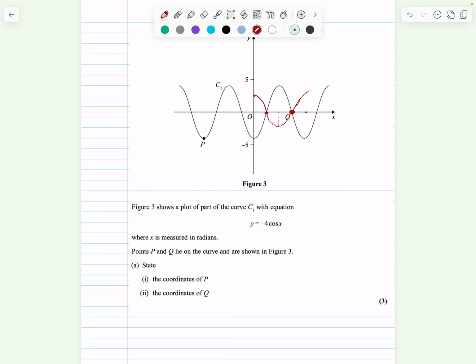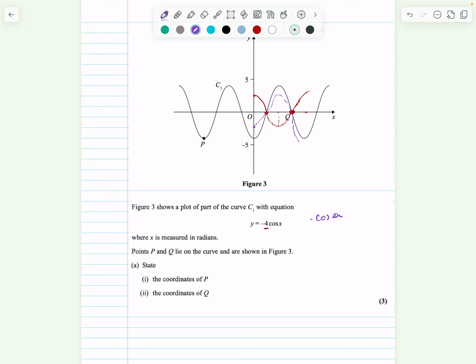So I just realized that the difference is only that this graph is the reflection of the cosine over the x-axis, and the maximum and minimum change because of the multiplication by 4. So I can sketch here negative cosine x, roughly like this.